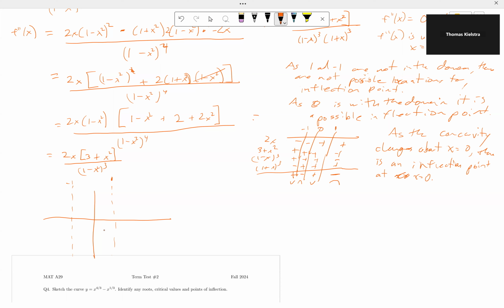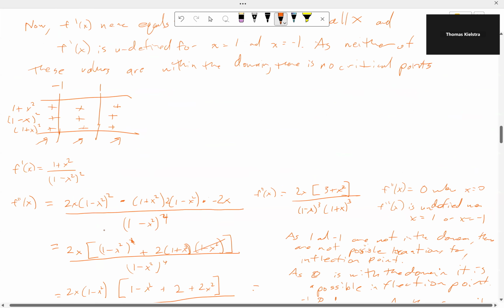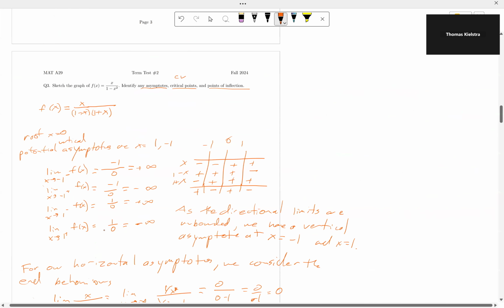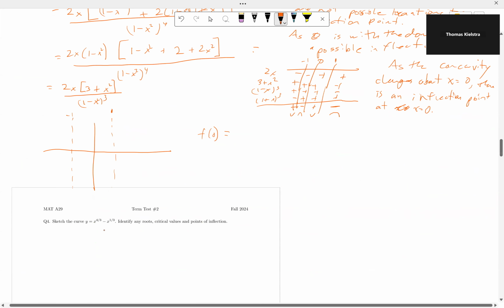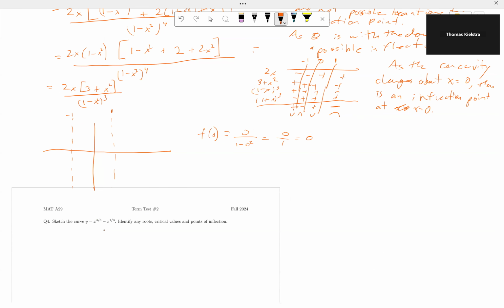I have a point of inflection at x equals 0, which when we plug into the original function, plug 0 in, we get 0 over 1 minus 0 squared equals 0 over 1, which is 0. So I have a point of inflection at 0, 0.